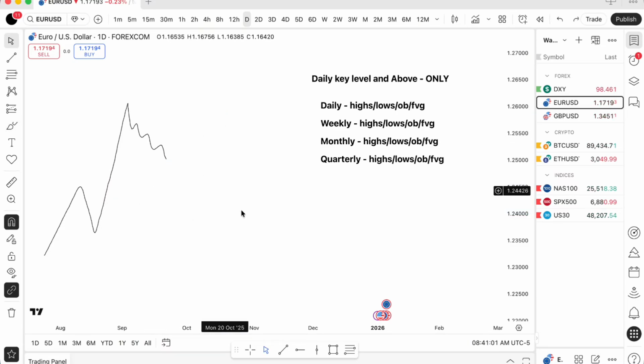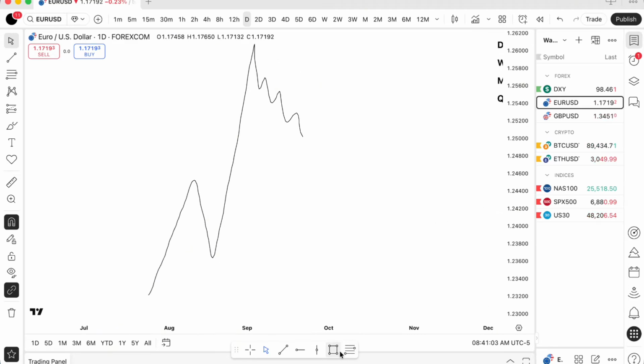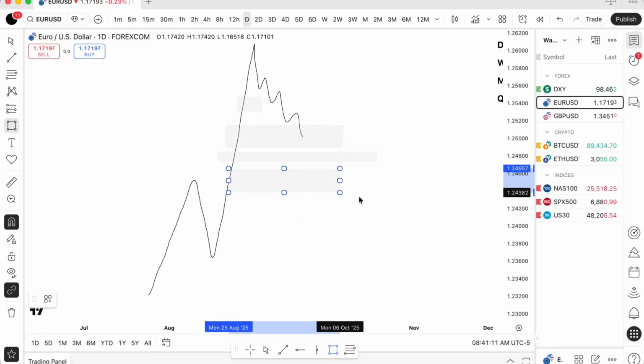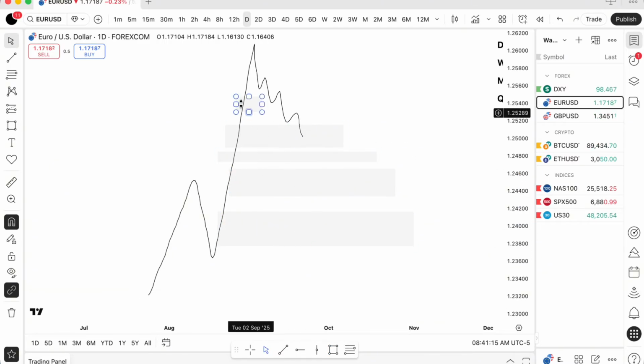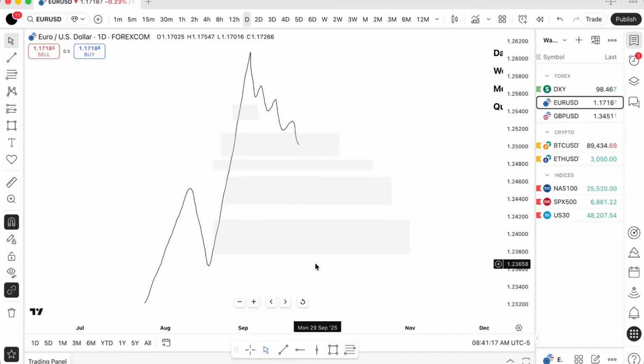But on the 1 hour, inside of this, you can have a fair value gap, order block, here some breaker, from a low that took a high, and like that another FVG, right there an FVG, and you have multiple key levels to choose from.